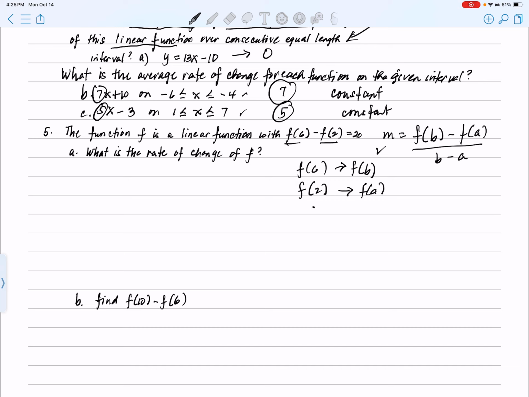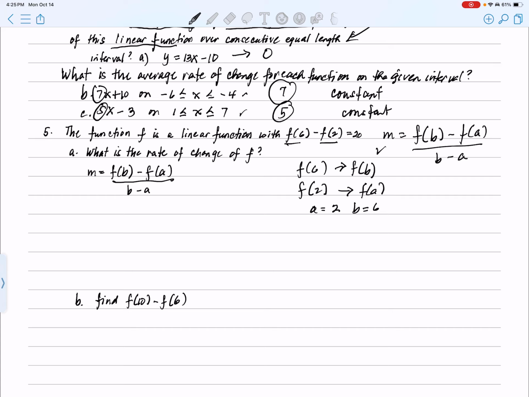So our a would be 2, the b would be 6, right? We're going to do this using the formula: the function of b minus the function of a over b minus a. Let's substitute.